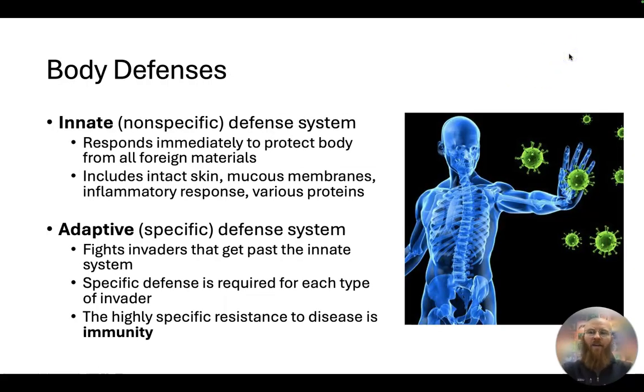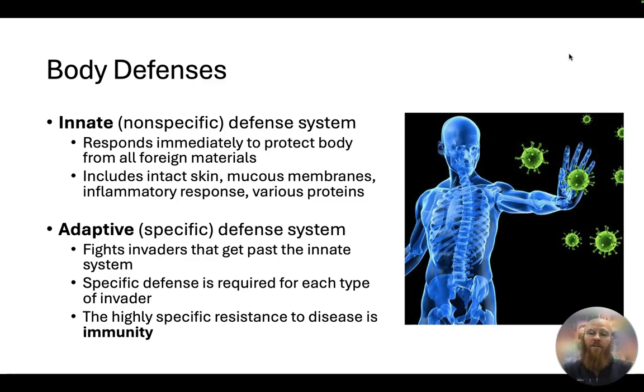Again, whenever we talk about innate defense system, we're saying this is what responds immediately to protect the body from all foreign materials. It is immediate response. Includes your skin, your mucous membranes, your inflammatory response, and other various proteins. The adaptive or more specific or developed immune system, it fights invaders that happen to get past those first and second lines of defense for your innate system.